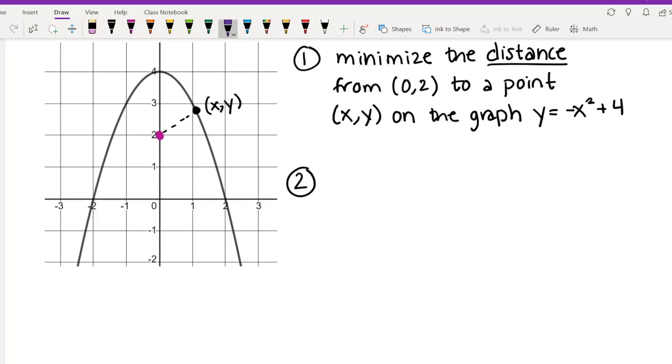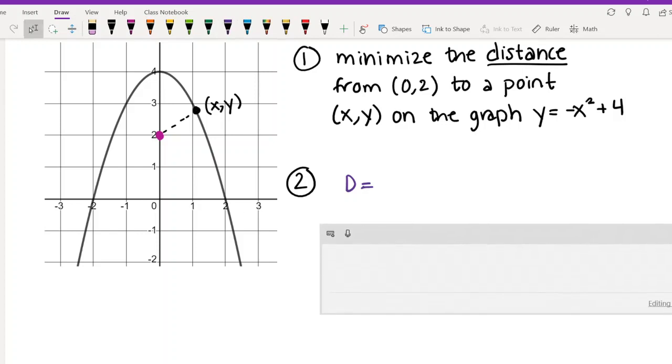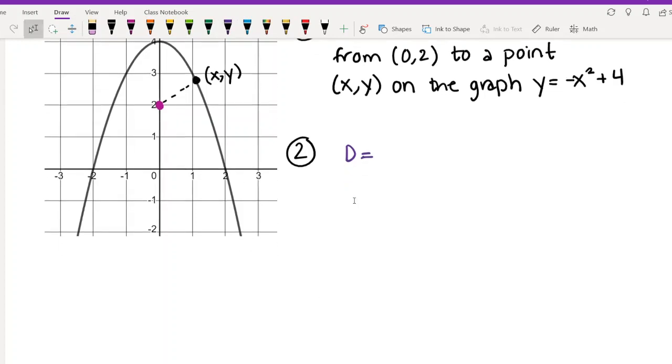Well, we can use something called the distance formula, right? The distance formula says that the distance between 2 points, and actually maybe let me write this down as a side note. Let's put it down here somewhere.